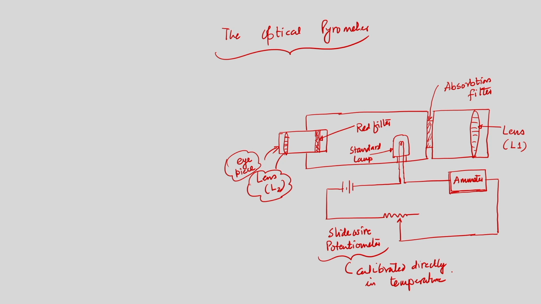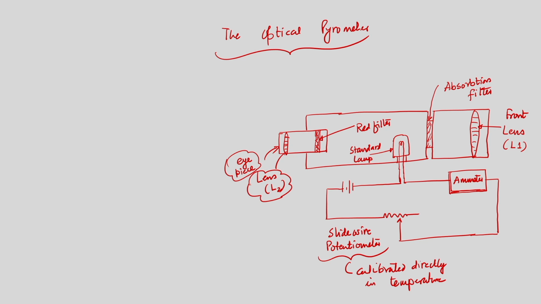So, this is the schematic depiction of the optical pyrometer. What we can see is there is one lens known as the front lens, then we have the absorption filter and the other parts, and ultimately, before the eyepiece, we have another lens, that is L2.